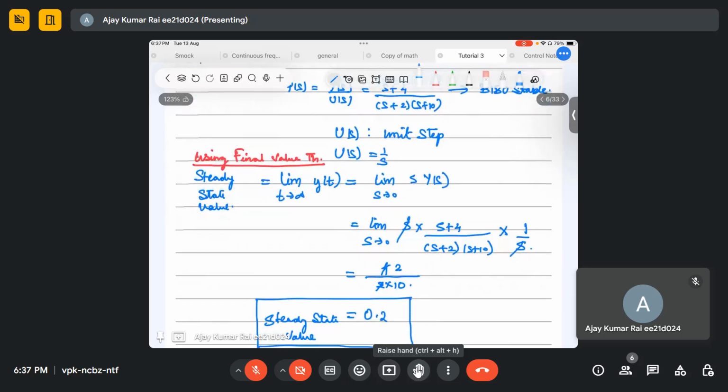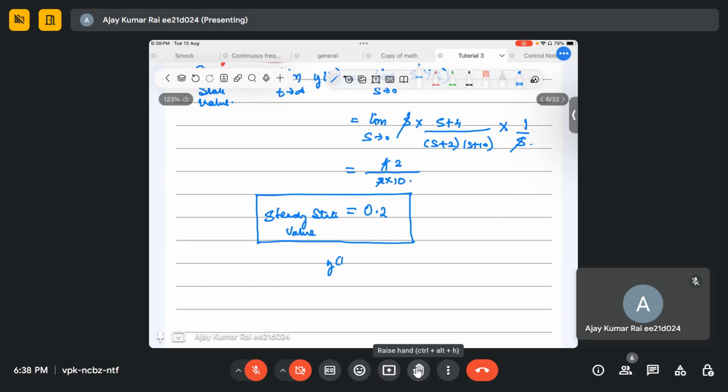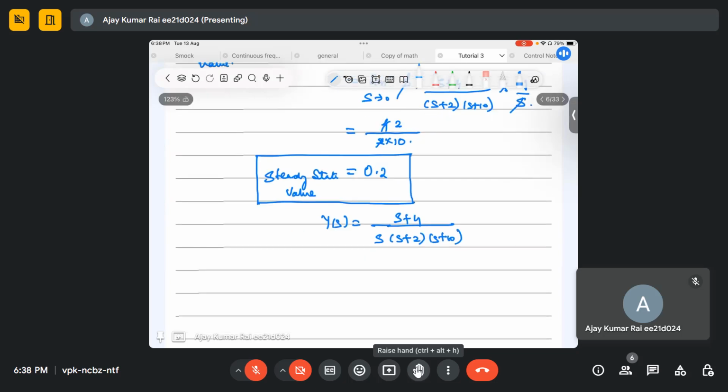Okay, you can find the y of t also. But first you have to find this y of s, which is s plus 4 into s plus 2 into s plus 10. Okay, just find the y of t.